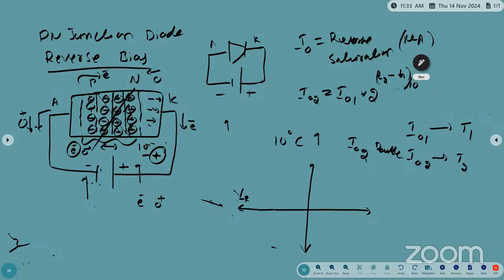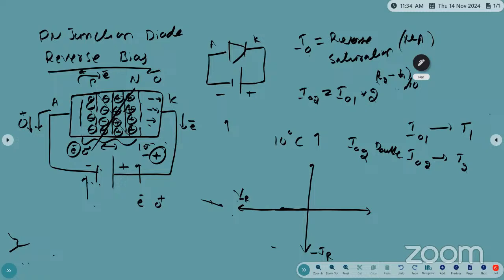Here there is a hole, and here there is an electron. How is the electron moving? The generated electron moves in this direction, so the current is in the reverse direction, meaning negative current. So IR. Actually the reverse current is about 0, but with the increase in the temperature the diode will get damaged.